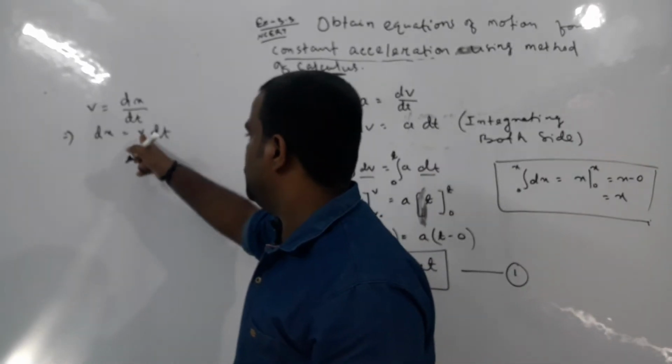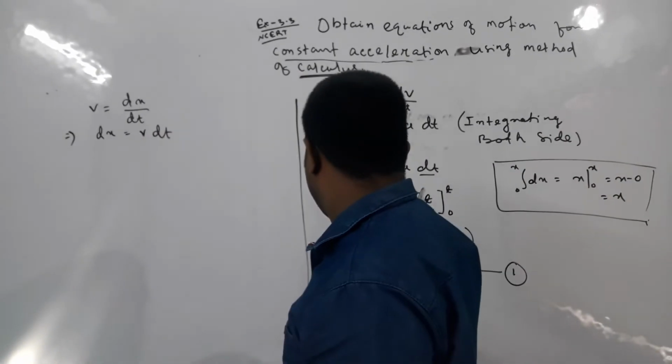So we cannot directly take velocity out of the integration. What we do is put this value of v from equation 1.